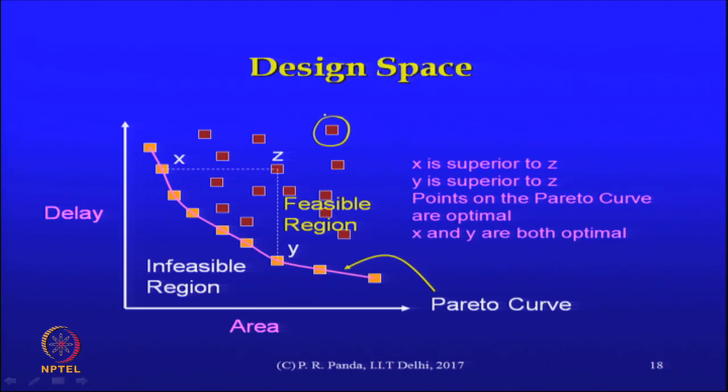It would result in some delay, some area. Delay here just refers to the number of clock cycles, area is the total area of the resulting circuit. So, a large number of possibilities might be there, each of these is a possibility, and I can plot all of them in an area delay curve to understand where all the solutions stand, particularly with respect to each other.